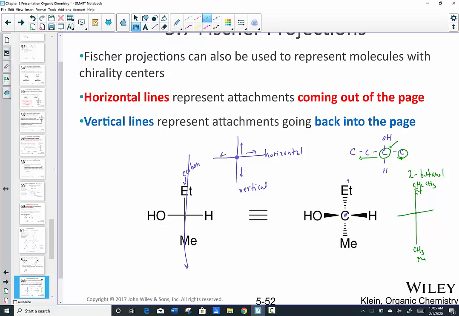Now, you're just looking at this from a different vantage point. Think about this in terms of the branches here. If I had originally the hydroxyl group coming out of the page and looking at the hydrogen here, to get these vertical lines, you're just changing the vantage point so that these carbons are all in the same plane.